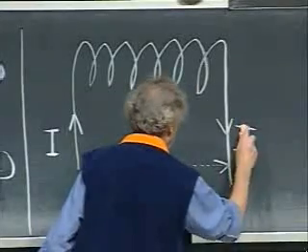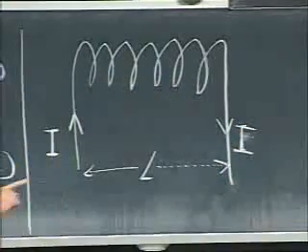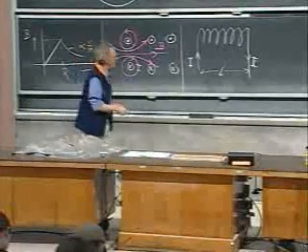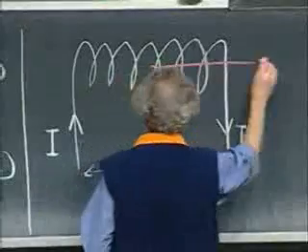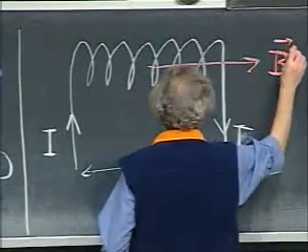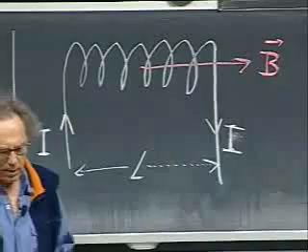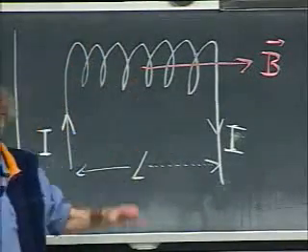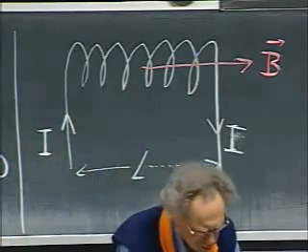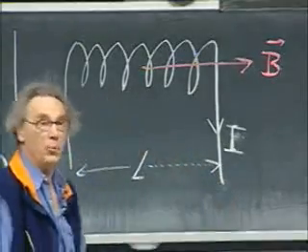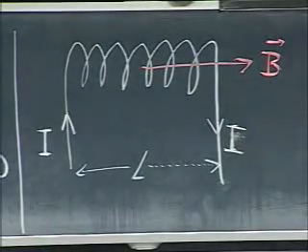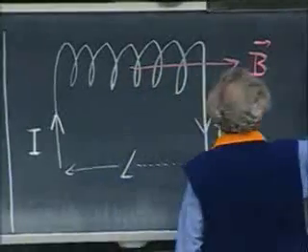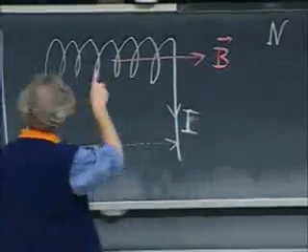I assume that if I look from the left side, the windings are wound clockwise. So I know that the magnetic field is then in this direction. I make the assumption that the magnetic field outside the solenoid is approximately 0. I will show you later with a demonstration that that's a pretty good approximation. And so the question now is, what is the magnetic field inside? I assume I have N loops, N windings, capital N.